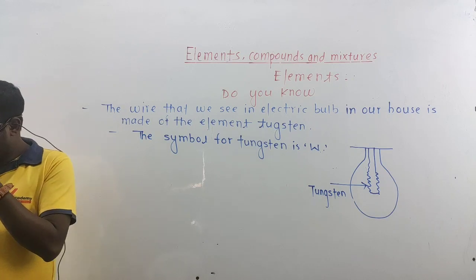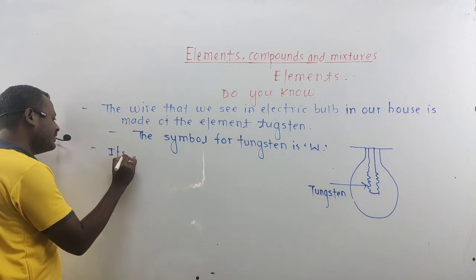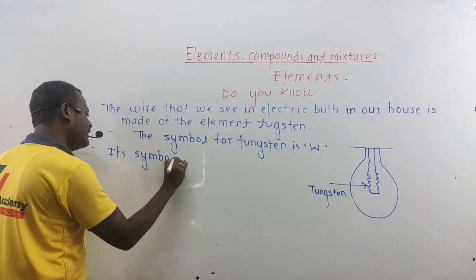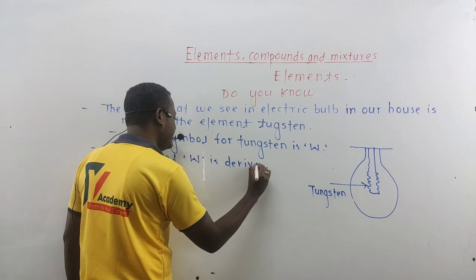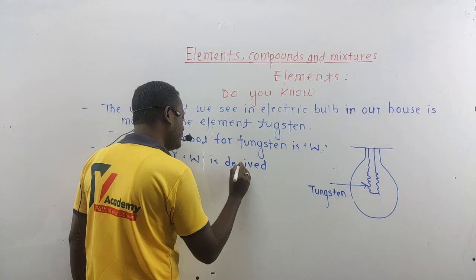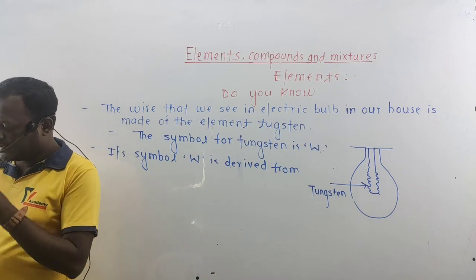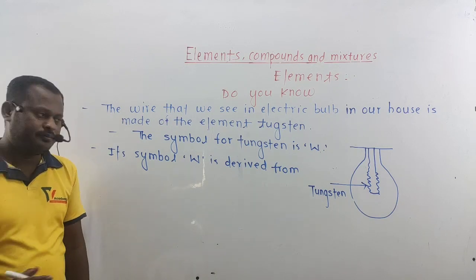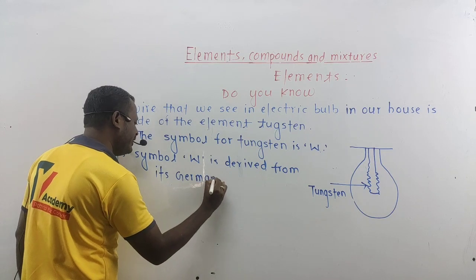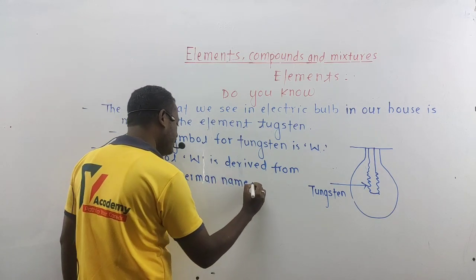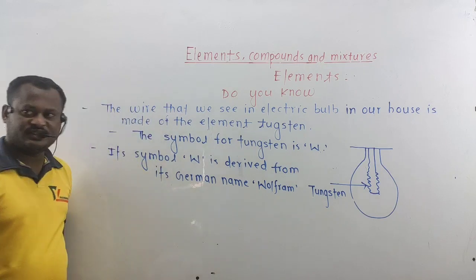Its symbol W is derived from its German name, Wolfram.